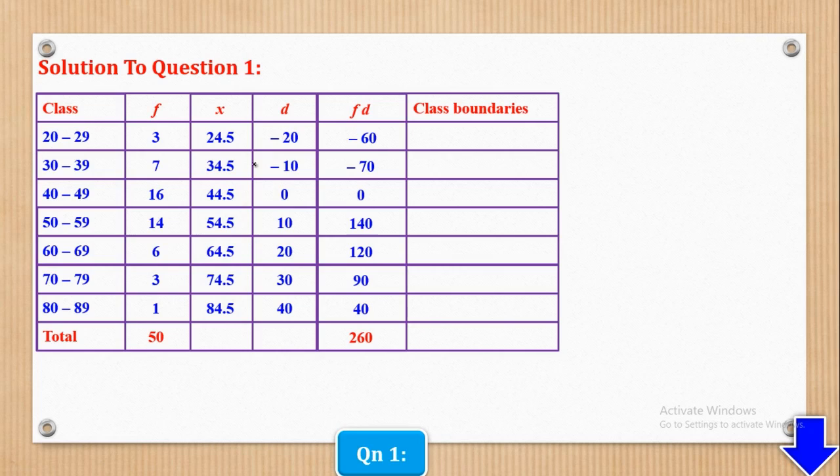It means that to get the values of the lower class boundaries, I'll keep on subtracting 0.5 from these lower class limits, and similarly to get the values of the upper class boundaries, I'll keep on adding 0.5 to the upper class limits. So when we do that, this is what we shall get.